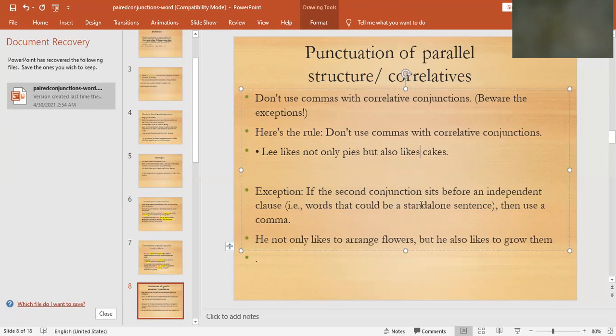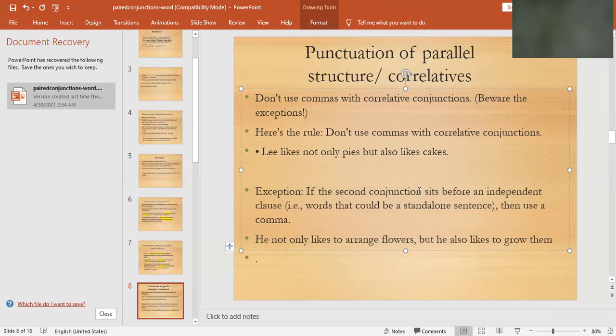Exception: when I say not only, for example, not only, but also, the second conjunction is but also. If the second conjunction sits before an independent clause.